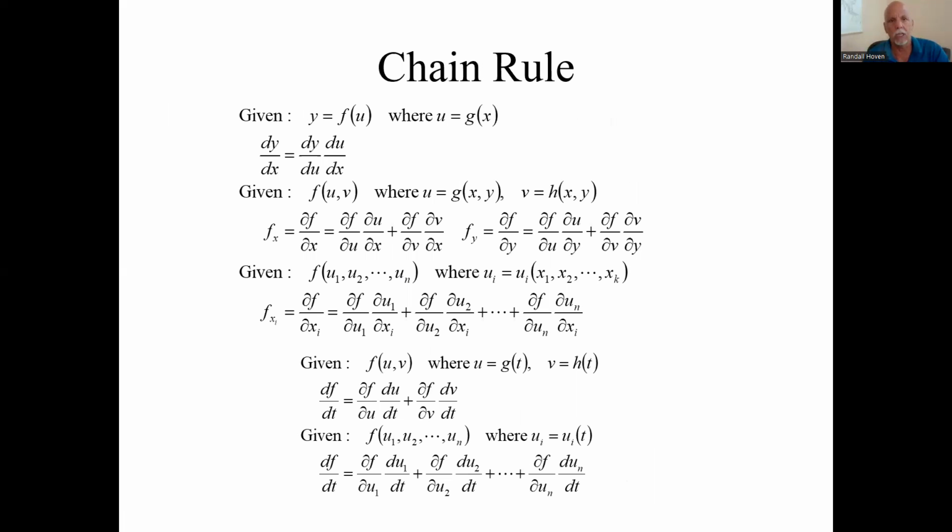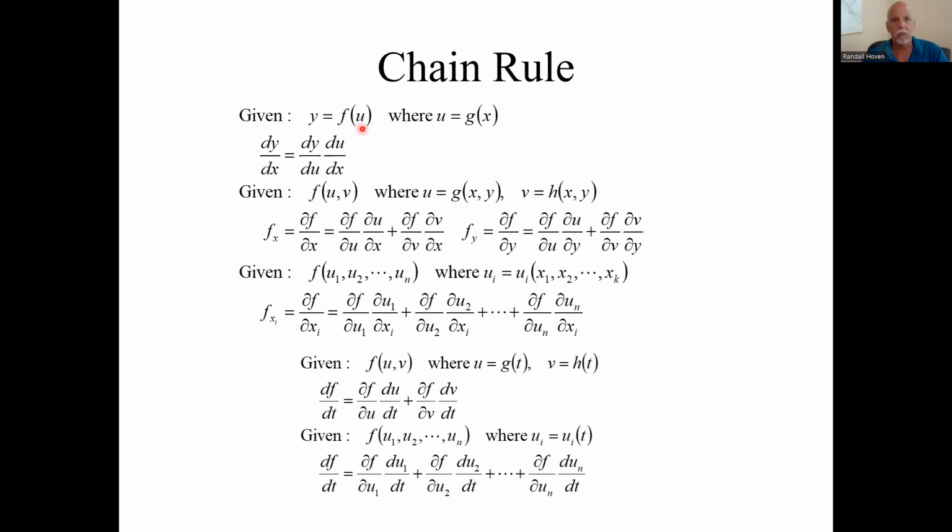Now let's get to the chain rule. Why do you even need it? Well, let's say you have a function that's a function of one or more of what I'll call primary variables. And then those primary variables are in turn functions of secondary variables. And you're interested in derivatives with respect to those secondary variables.